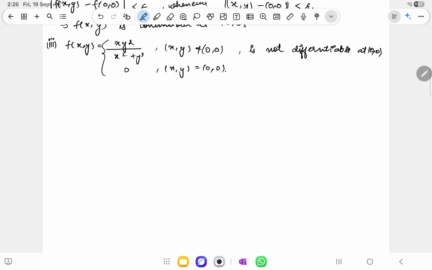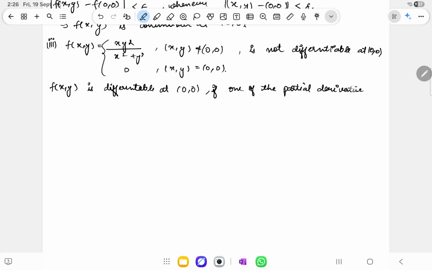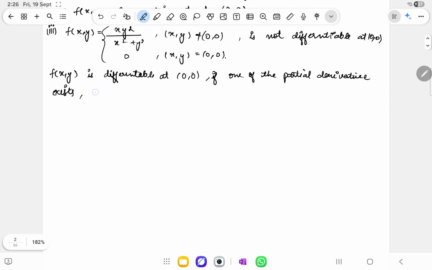So we say that a function f(x, y) is differentiable at (0, 0) if one of the partial derivatives exists and the other partial derivative is continuous at (0, 0).